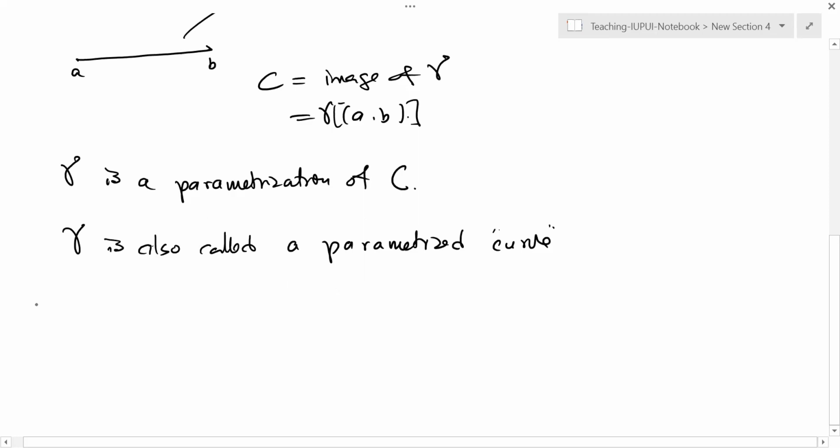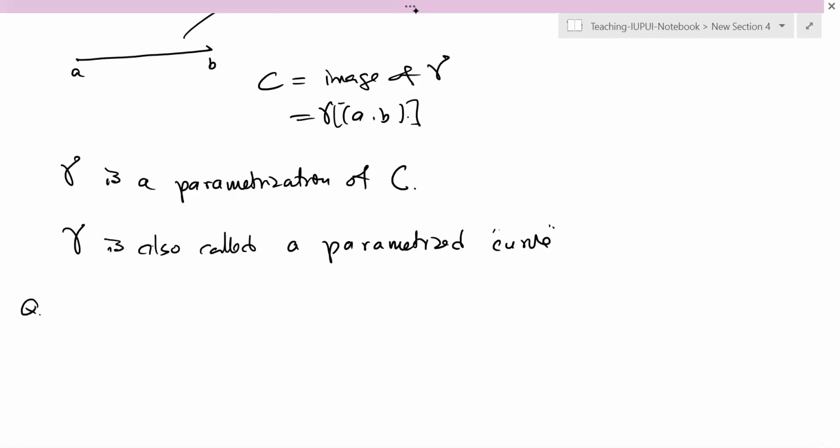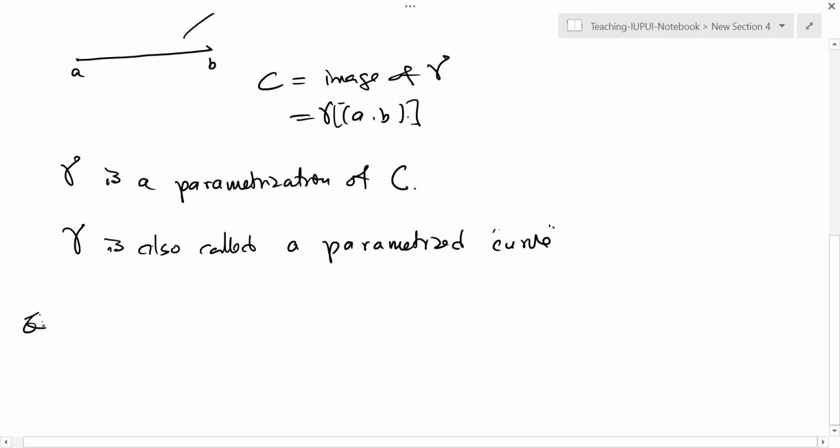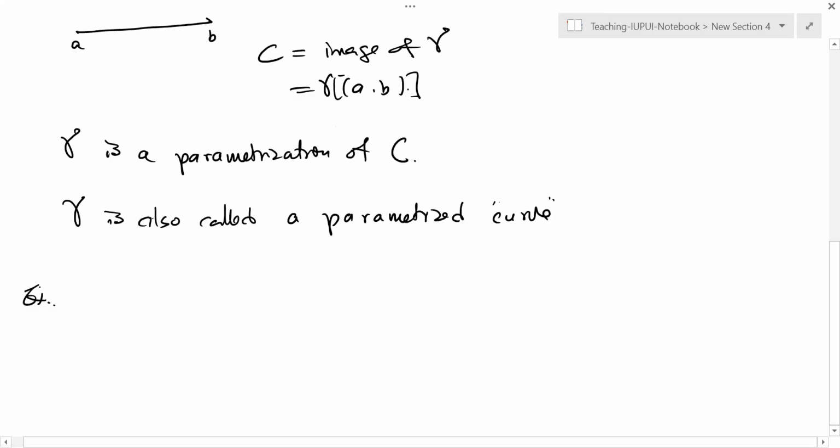All right, so let's take a look at an example. C is in R2, given by y equals x squared.